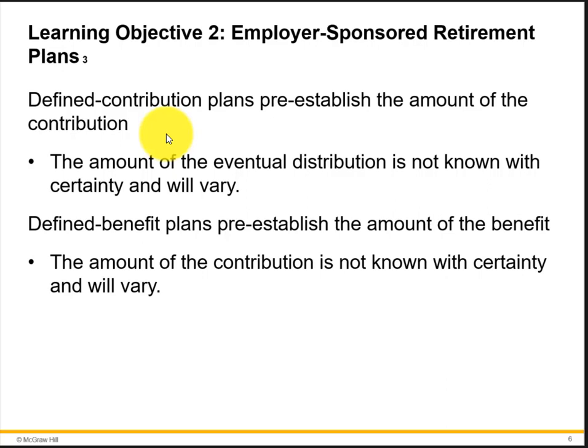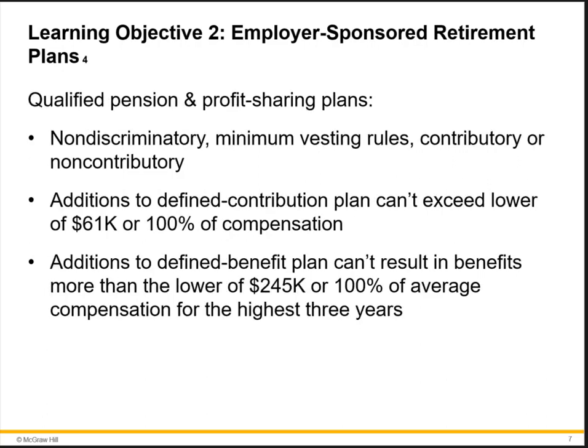And if it's a lot, then great when you retire. If it's not, we're not on the hook for it. So that's why defined contribution plans. 401k plans are defined contribution plans. 403bs are defined contribution plans. A defined benefit plan is usually referred to as a pension, because there's a promise of a particular amount of money for the long term.